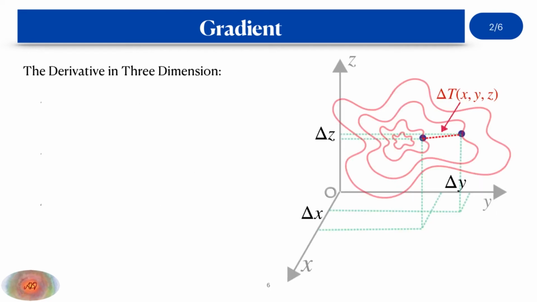Now let's talk about the gradient in 3 dimensions. This one, as you can see in this diagram, is representing a 3-dimensional scalar field, such as maybe a temperature.